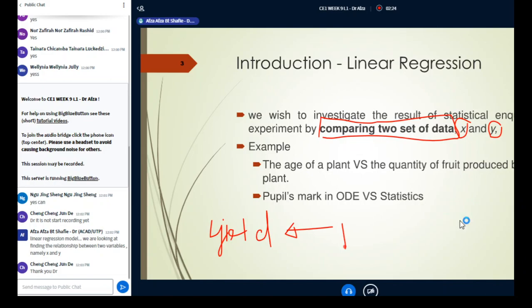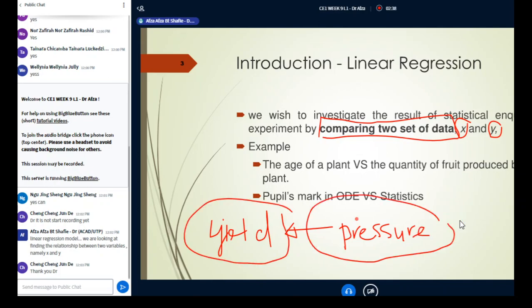So we have one set of values for the pressure, one set of values for the yield. We are trying to find the best equation that will map these two together. And because it is linear, that equation will just have to be a linear equation.